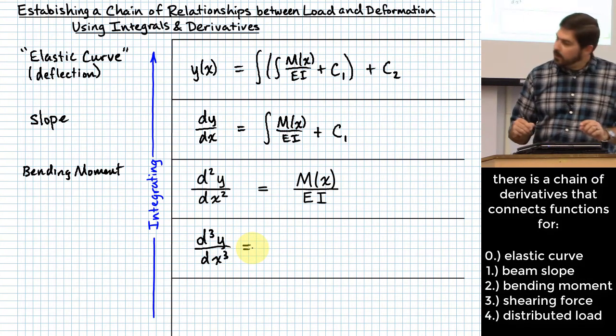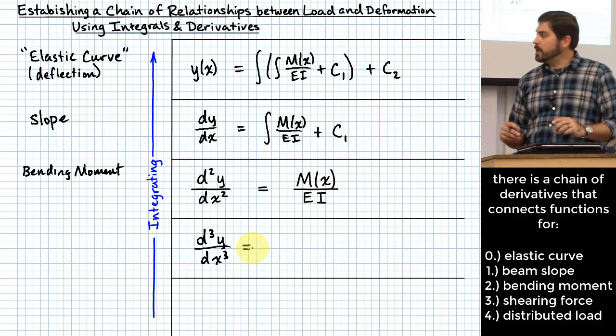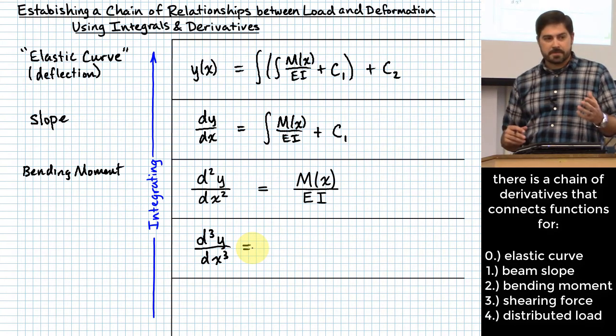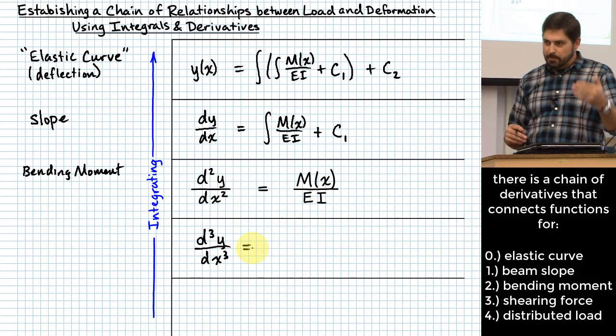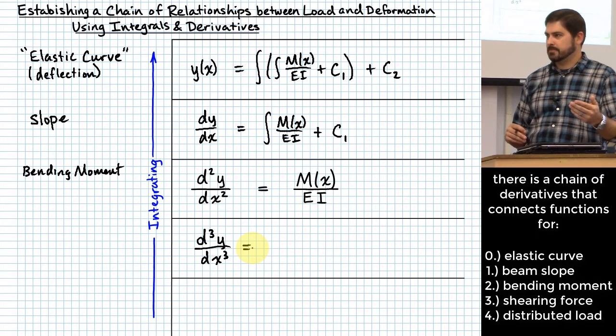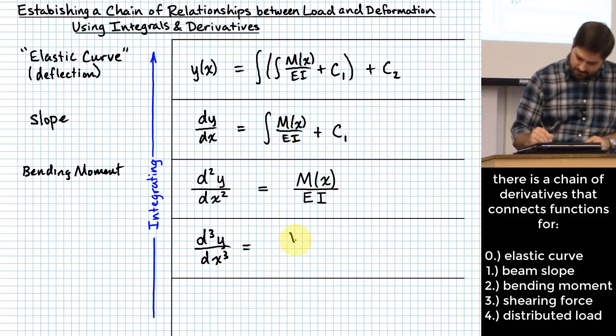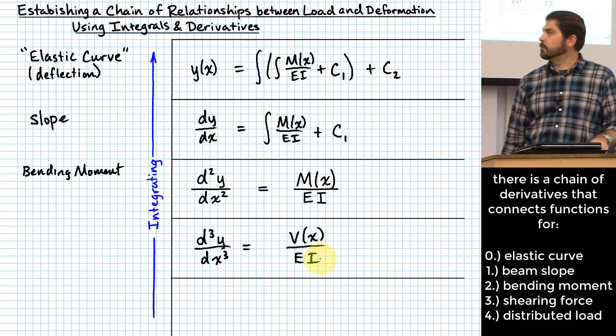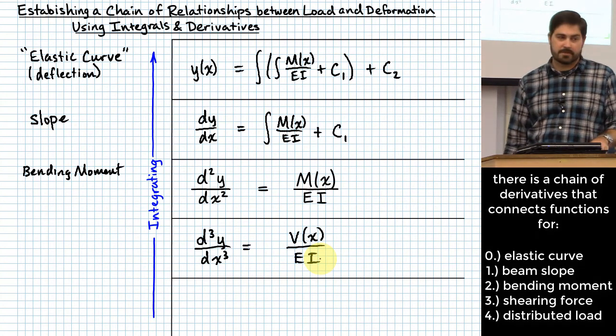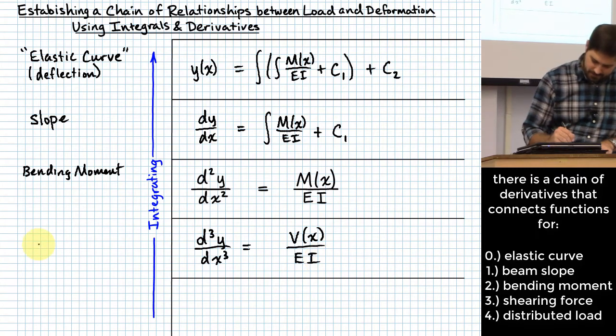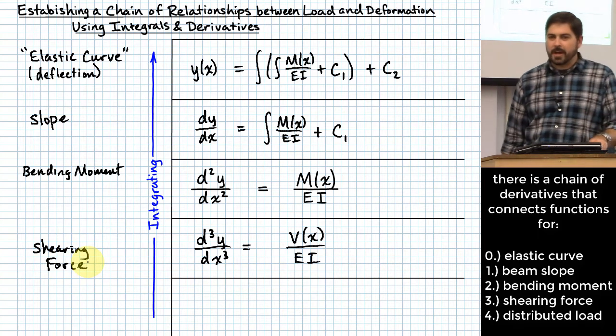Okay. You might remember that based on our shear and bending moment diagrams, what was the derivative of the bending moment function? The shear function. If E and I are constant, then we can just say that this is going to be the shear function. What if I integrate again?